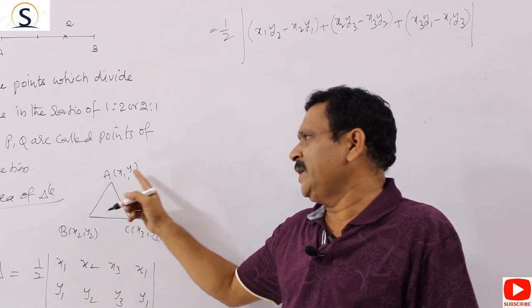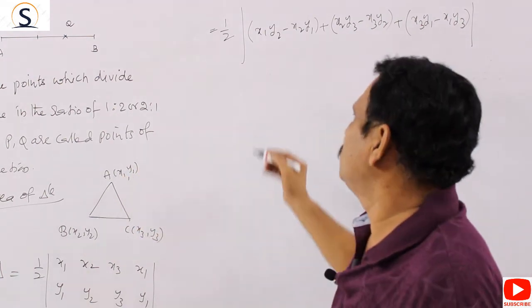If one of the points is the origin, then the formula is simple.